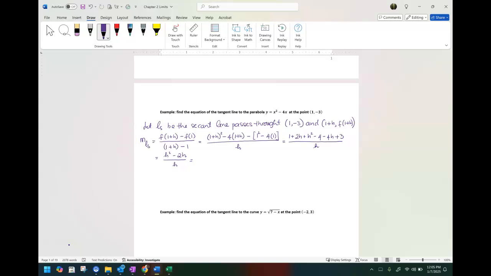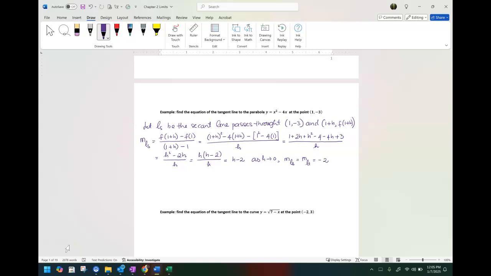Factor out an h in the numerator and simplify, we get h minus 2. So this is the slope of the secant line. To estimate the slope of the tangent line, look at what happens as h goes to 0. Then the slope of the secant line approximates the slope of the tangent line, and that is negative 2.